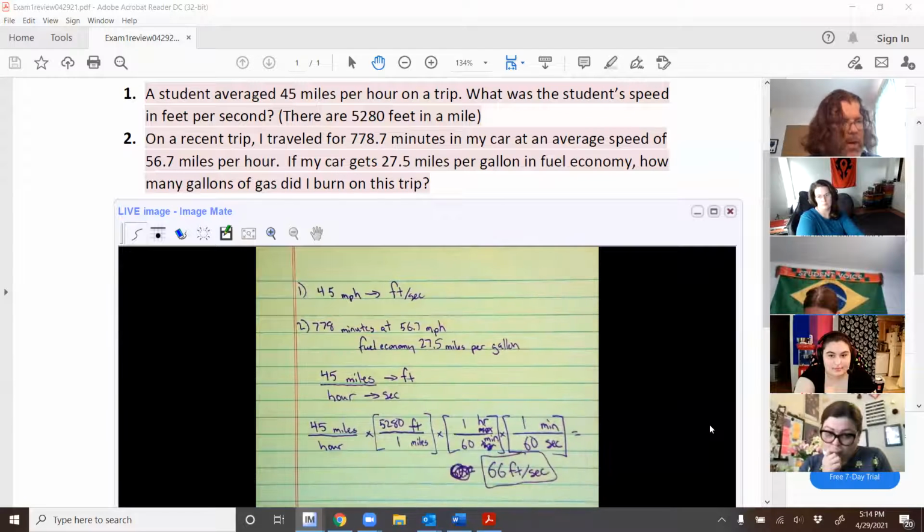So when I put this into my calculator, I end up with 66 feet per second.